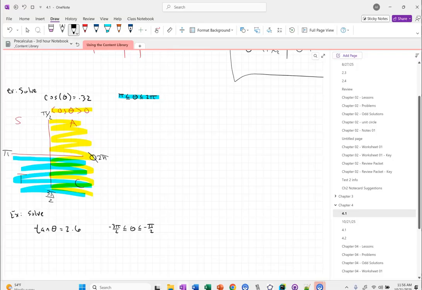Is everybody okay with how I labeled? Where's my answer at? Quadrant 4. So I'm going to call that piece alpha, always between the terminal side of my angle and the x-axis.